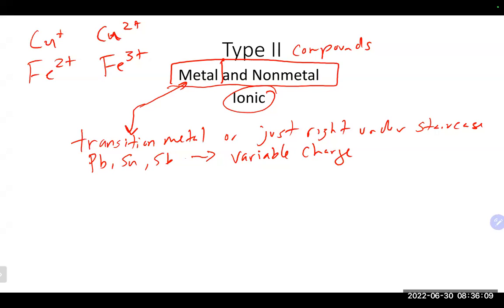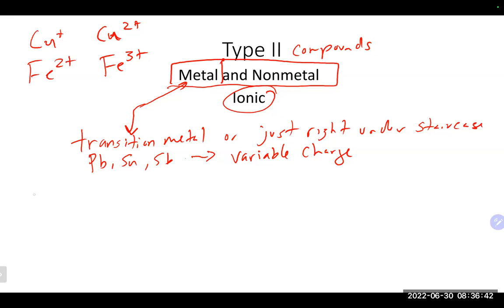So with type 2 compounds, unlike type 1 compounds, the metal can have a variable charge, and it depends on what it is bound to in terms of what the charge will be. The good news is you have to figure out the charge on the metal, but you will always know the charge on whatever it's bound to. So you can work your way backwards and figure out what the charge on the metal is.